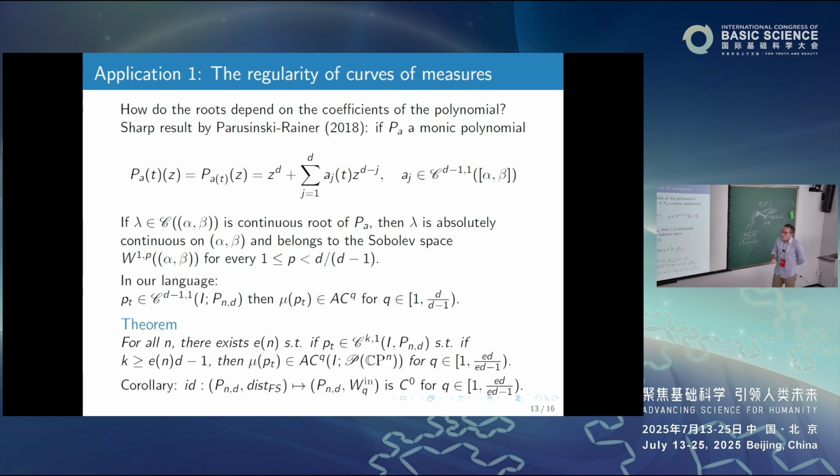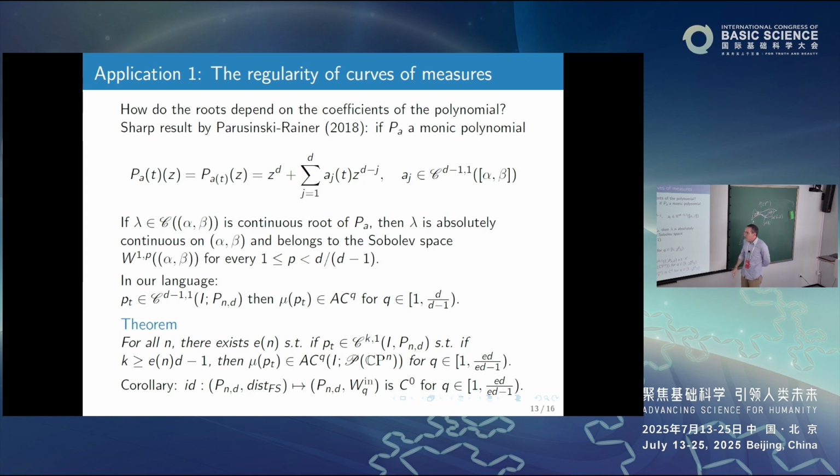What we did, and I want to be very quick because I want to skip to the second application, is generalize this result to the case of multivariate polynomials. Instead of tracking just one single root, we reformulate this result by tracking the probability measure moving here.